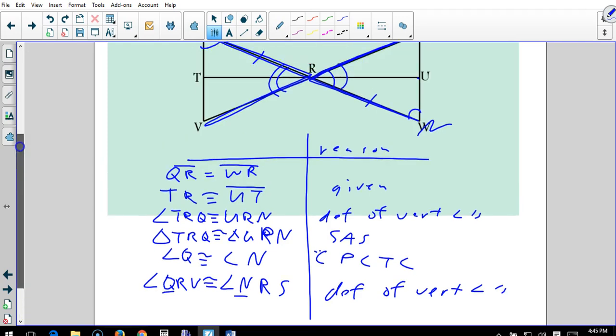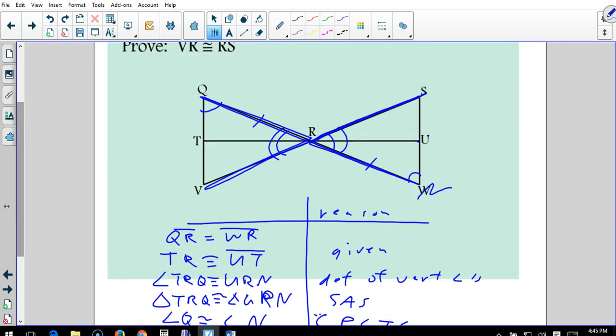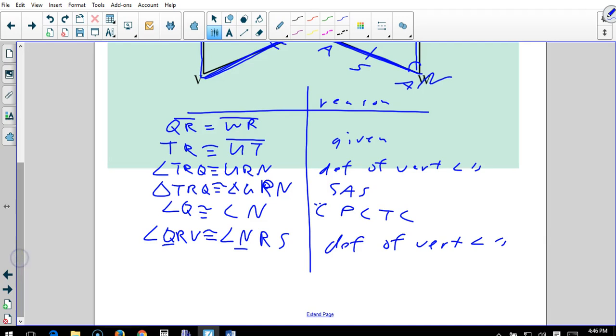Now, what we're going to do is we're going to prove that by angle, side, angle, our new angle here, that this triangle is congruent to this triangle. See what we just did there? So now we just say triangle QRV is congruent to triangle NRS by ASA.